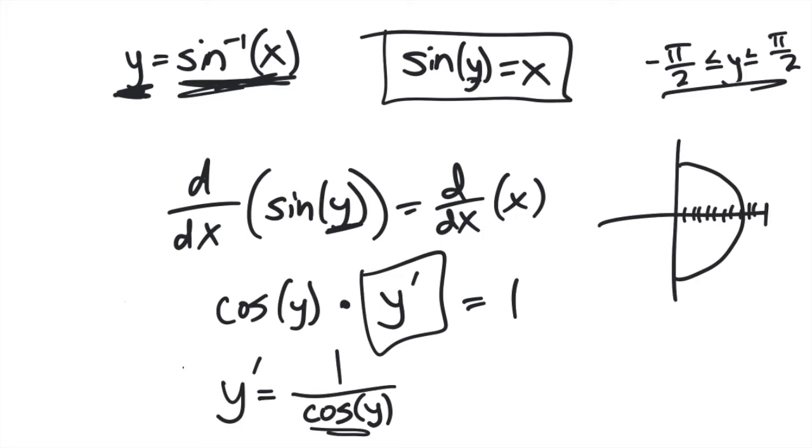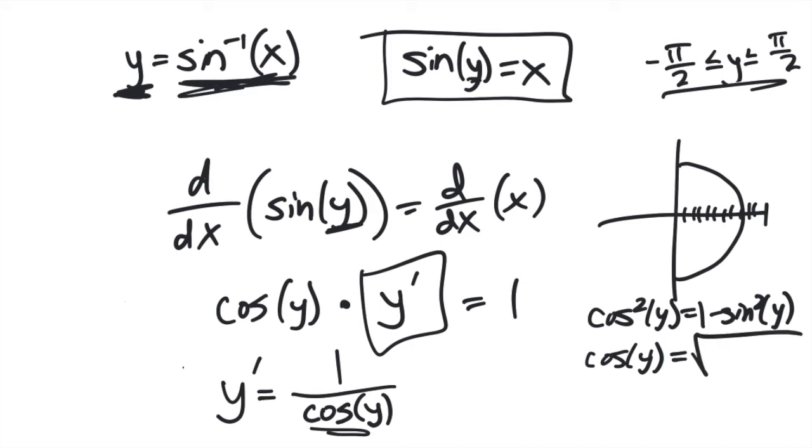So when we're talking about a positive value, you might remember that the cosine squared of y is equal to 1 minus the sine squared of y. That comes from your Pythagorean identity. And if you go ahead and take a square root of both sides, you get the cosine of y is equal to the square root, and you would have a plus or minus square root in there, of 1 minus the sine squared of y.